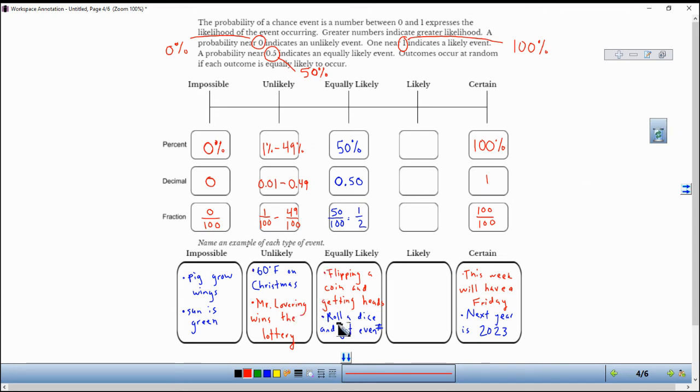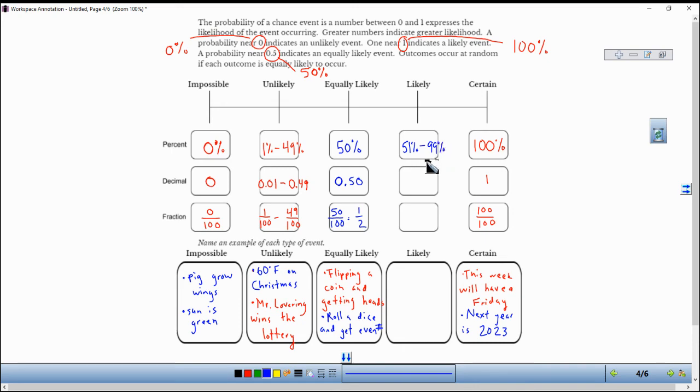All right, something that would be likely is kind of the opposite of unlikely. It's between 50% and 100%. So that would be kind of like saying it's between 51% and 99%. Somewhere in that range. Now, again, I'm not including decimals in those percents.